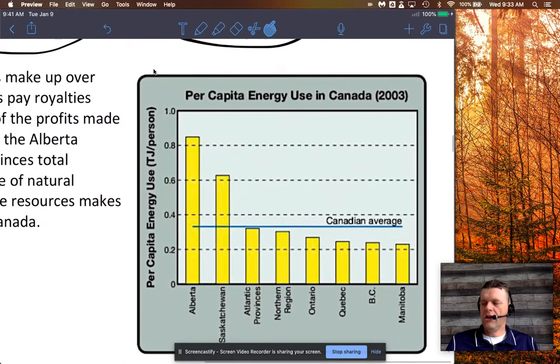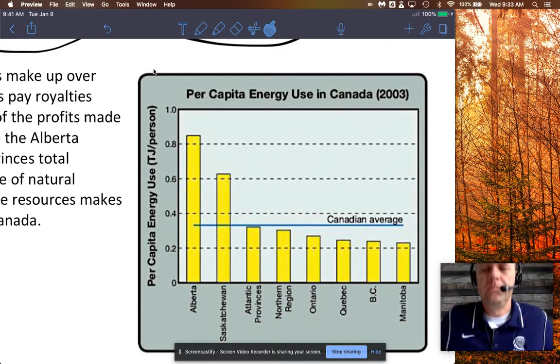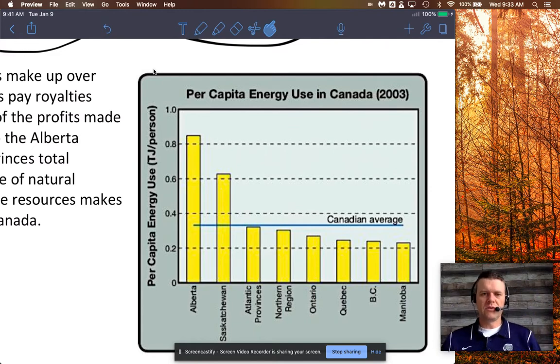And take a look at this. All the provinces are listed here in terms of how much energy they consume, terajoules per person, or per capita. And Alberta is just kicking butt here. Not that it looks good, like, oh man, we're consuming a lot of energy, but we are making products that other countries need, not just Canadians.